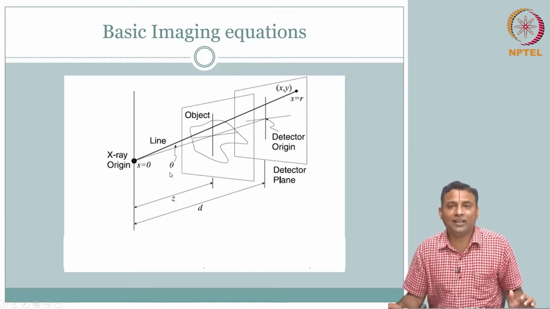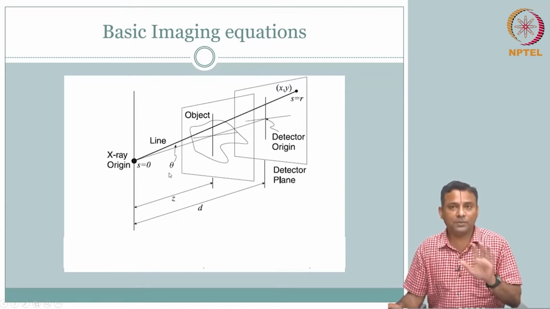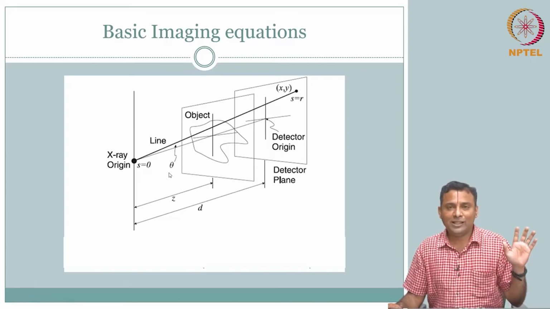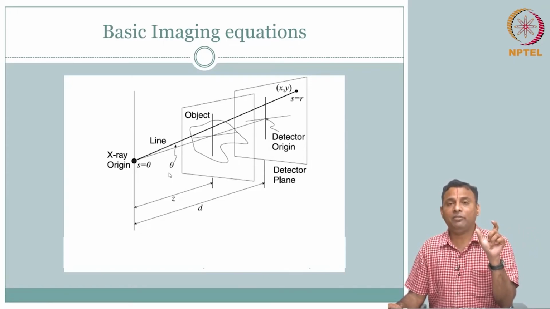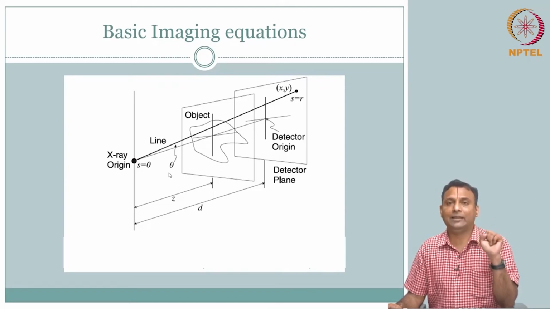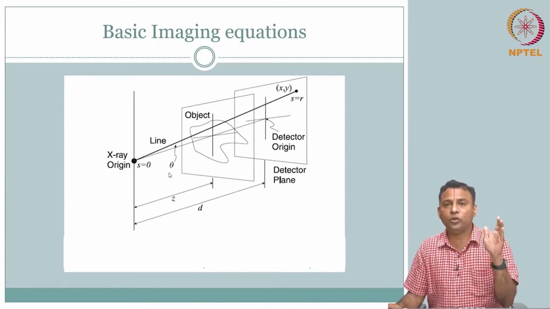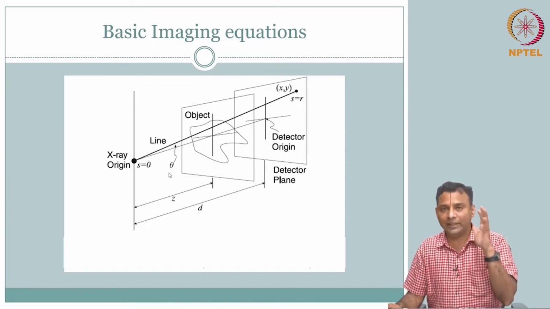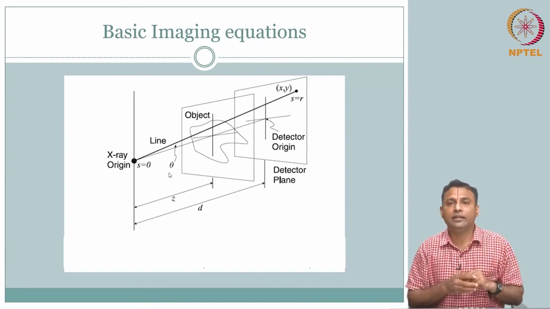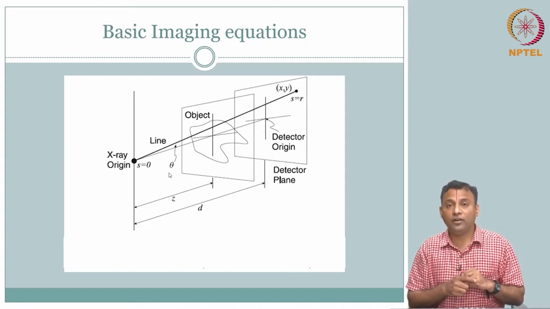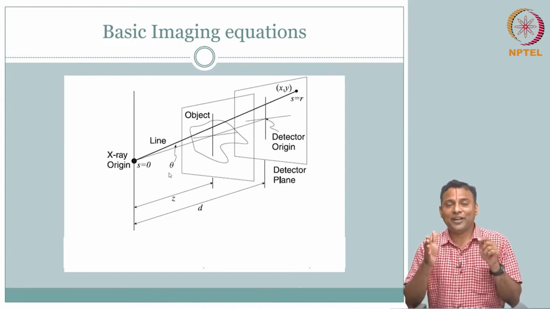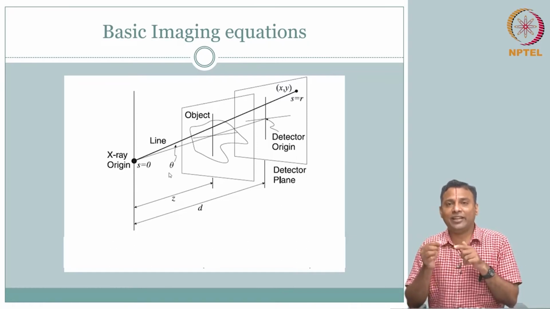So what is new in imaging here? The concept is the same, the physics is the same. But now, the law that we had, I equal to I naught e power minus mu delta x, the exponential decay model, how are we going to account for it? That modeled the loss between what was falling on the material and what came out of the material.